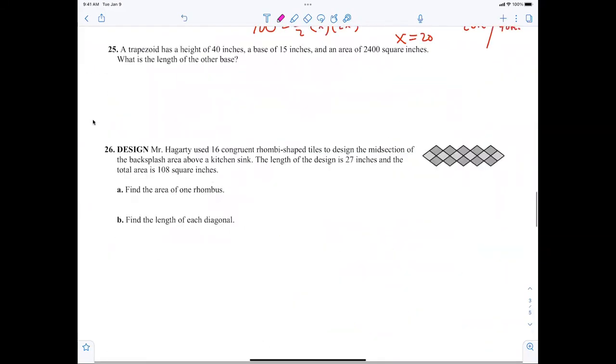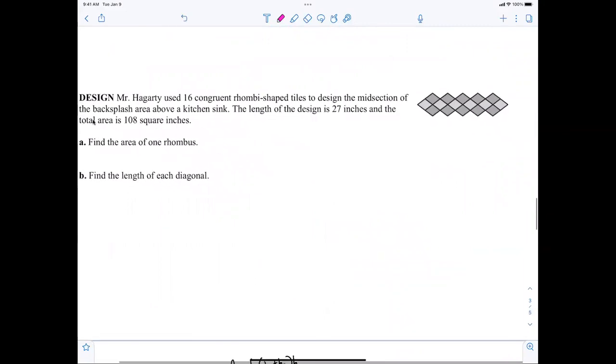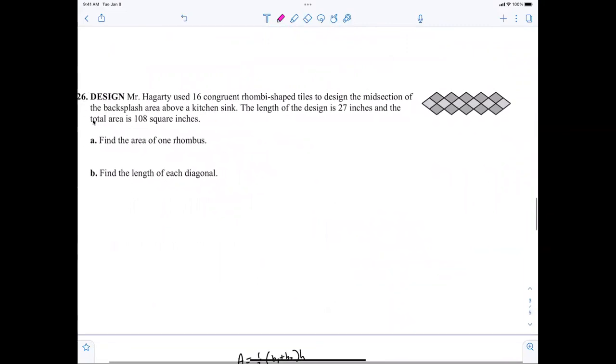26. The length of the design is 27 inches. So I'm assuming that's the design, correct?